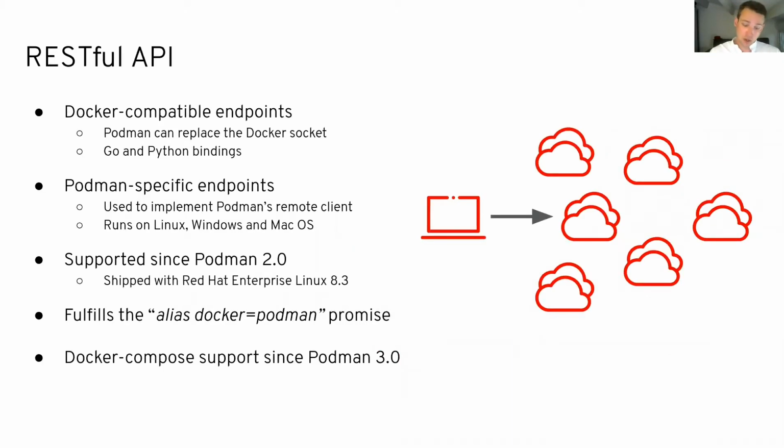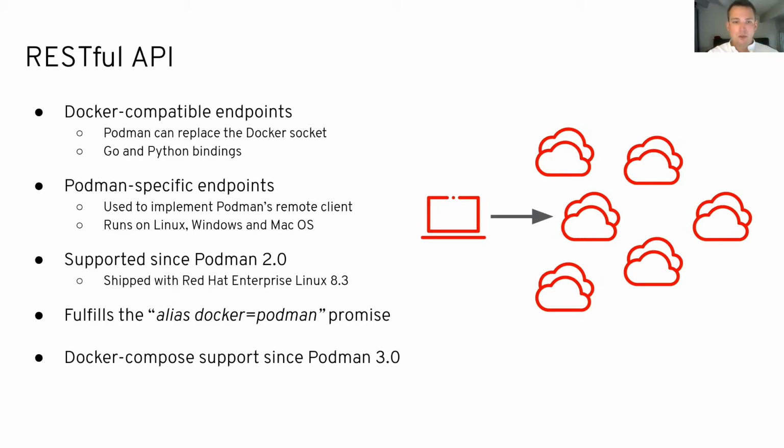There's also a RESTful API. So far, all the slides that I've shown, we looked at the command line interface where Docker and Podman, or Podman is compatible to Docker, but there's also the remote API. Pretty much the API that the client uses to talk to the daemon, the Docker daemon.